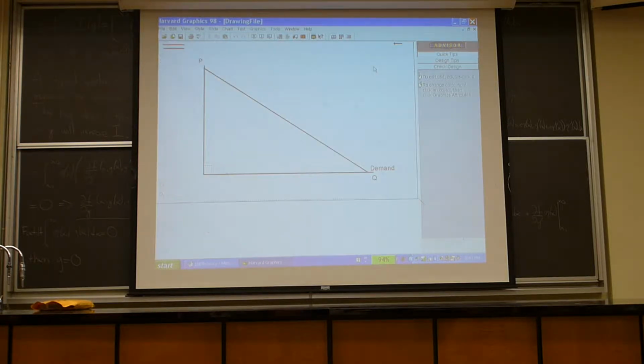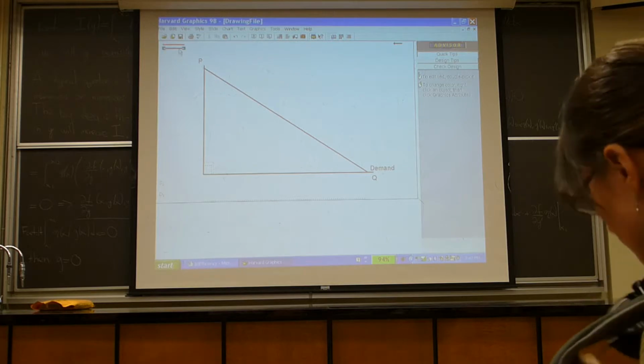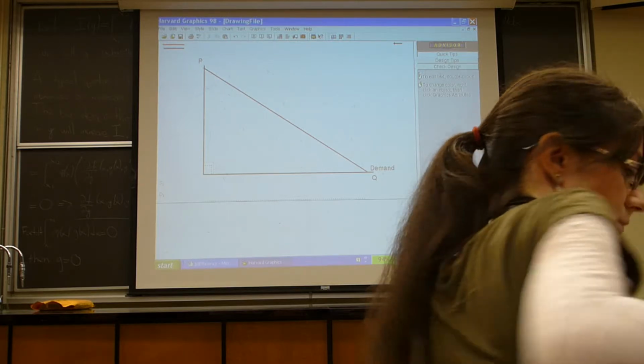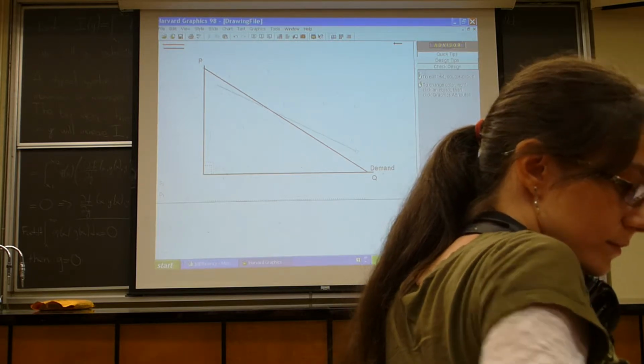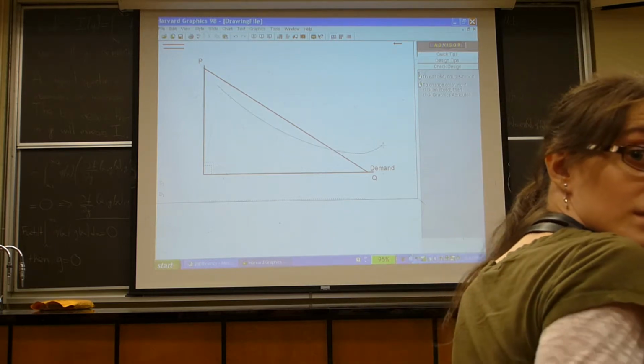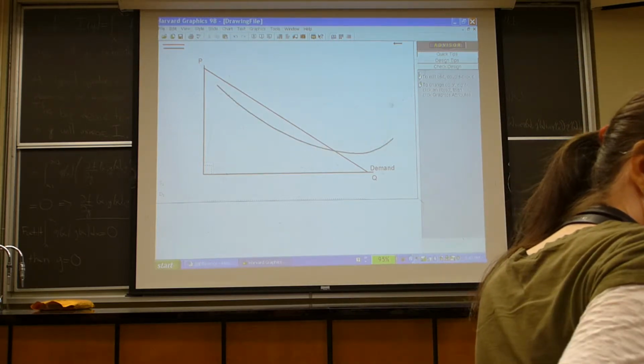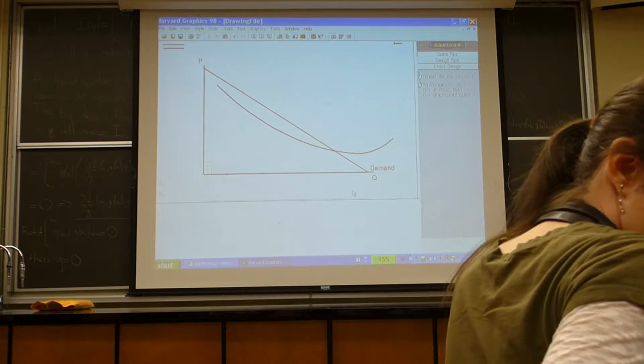Next, get out your pads of paper and be ready to go. Okay, this could be a diagram on your exam, 10 marks.